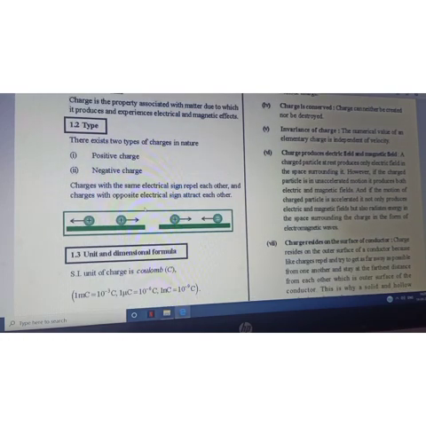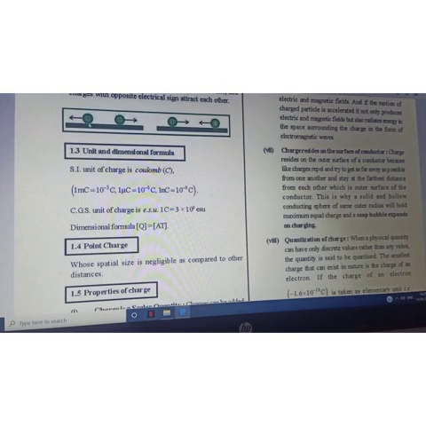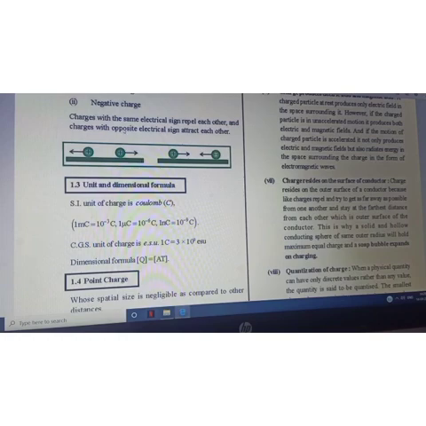Here it is shown that if two positive charges are there, they repel each other, and when one is positive and the other is negative, they attract each other. So this is the basic and fundamental property.